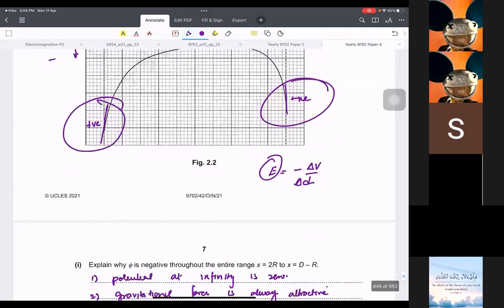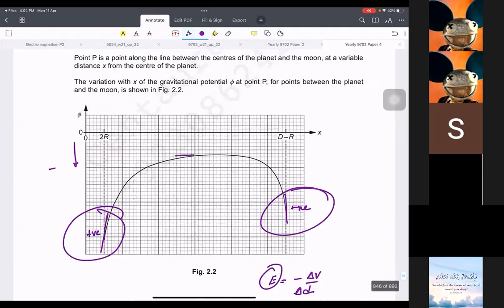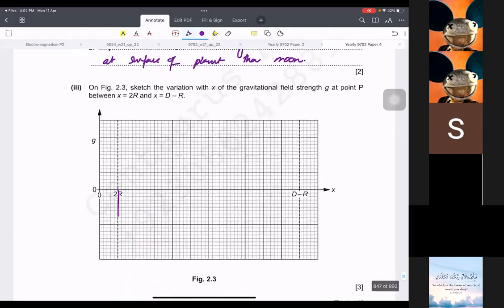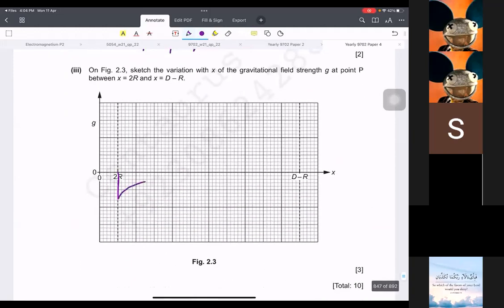And then if you look at it, the gradient becomes 0 somewhere here, which is somewhere like 1, 2, 3.5 boxes. So this line will go right here, and then it will go this way.